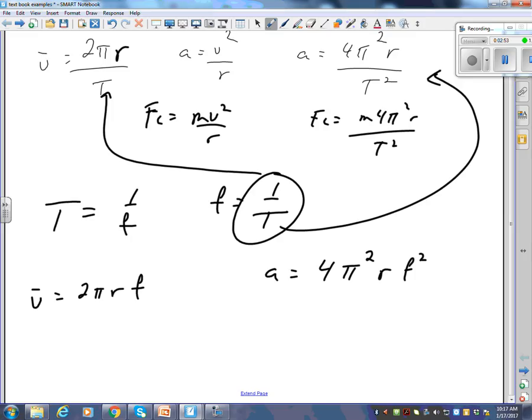That is a lot of squaring. It's up to you. I'm just showing you it's an option. And of course, if you want to turn that into centripetal force, you just put an m in front of it: m 4 pi squared r f squared.